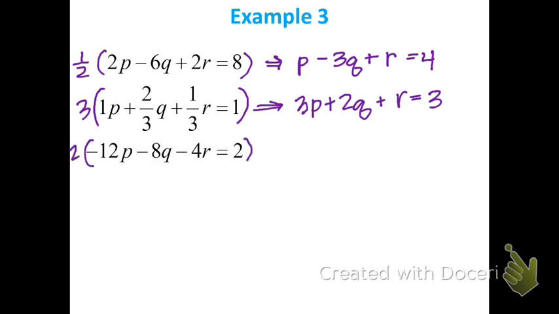Divide by 2 again, or multiply by 1/2. So you have negative 6p minus 4q minus 2r equals 1. To make life even easier for that bottom equation, rather than multiplying just by 1/2, what could we have multiplied? Negative 1/2, and then all of those things become positive. So that way you don't even have to deal with negatives.